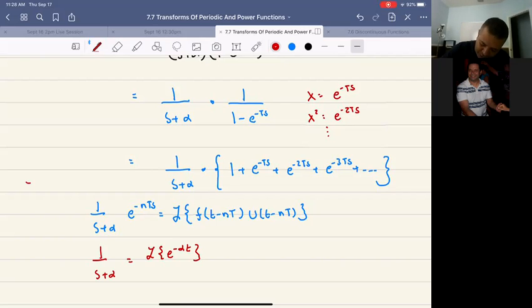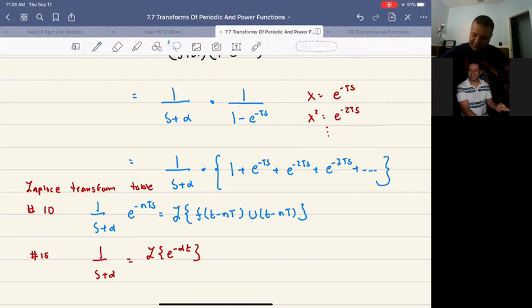So this one was number 10. This one was number 15. So what are we going to get? Let's put this all in orange.